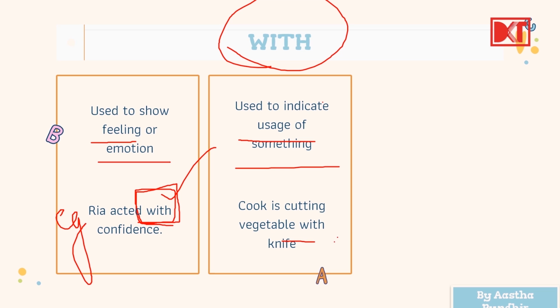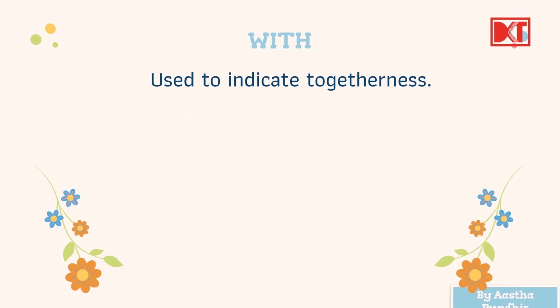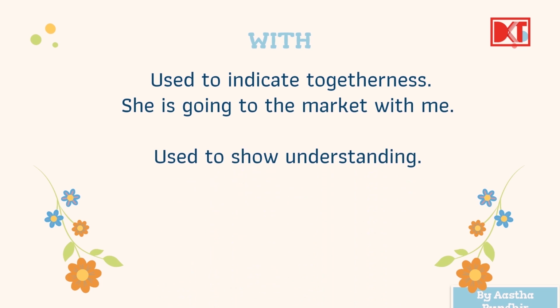So, usage. Next could be to indicate possession. People with less money are not always unhappy. So the people who have less money, the people who possess less money, here we are indicating possession. Okay, so a few more uses of "with": it can be used to indicate togetherness.